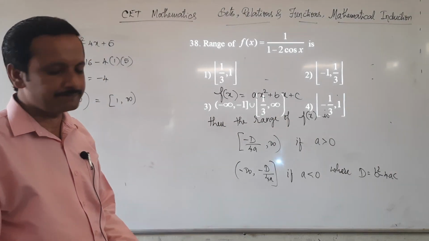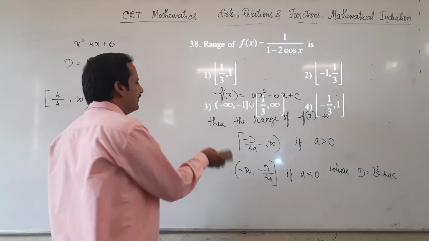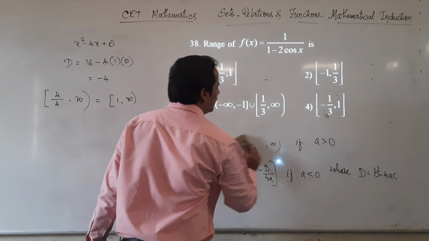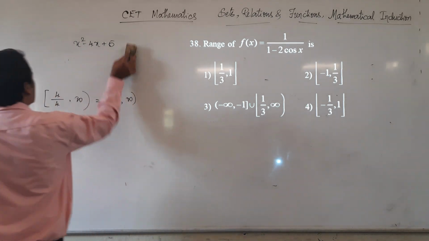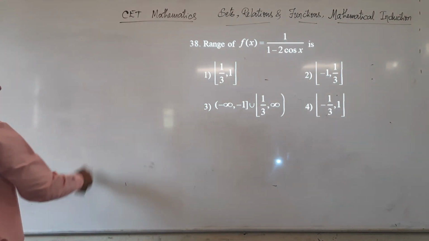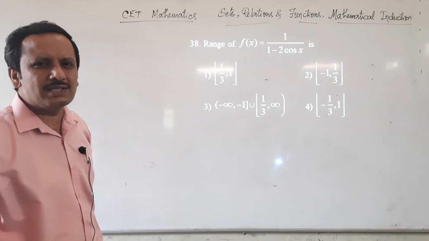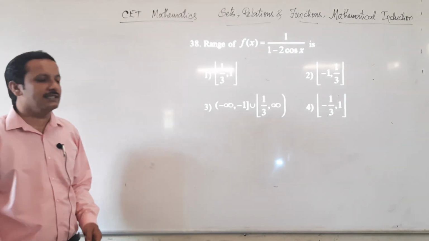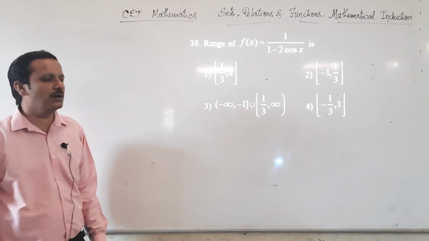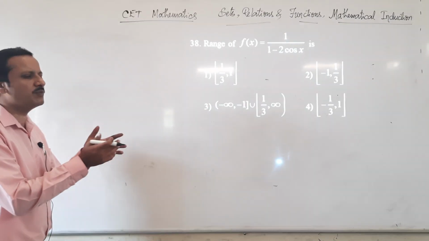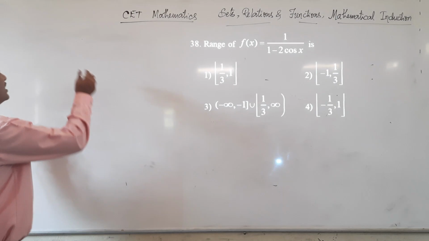Next question. The range of f of x is equal to 1 by 1 minus 2 cos x. Okay. So here we need to find the range of this function. Students, as you already know, the range of cos x is minus 1 to 1. Okay. So the maximum value of cos x is 1, minimum value of cos x is minus 1.